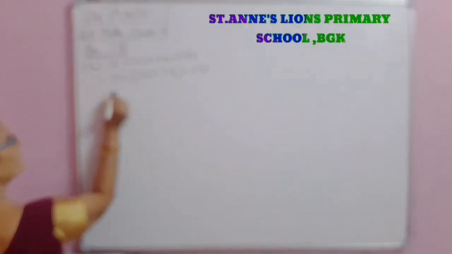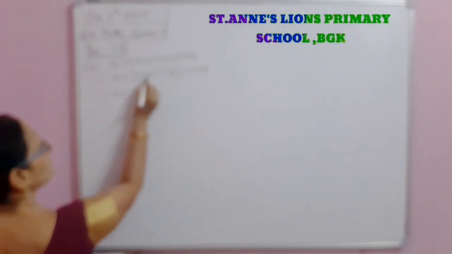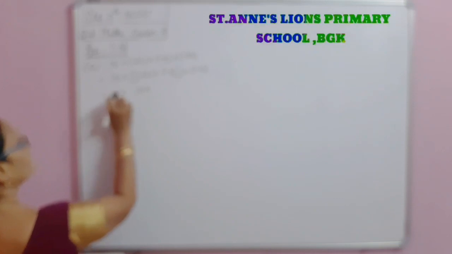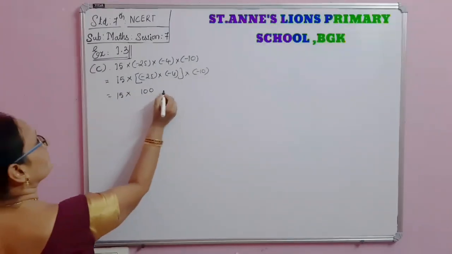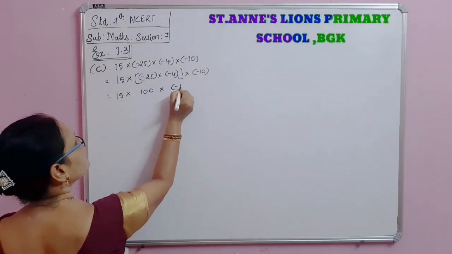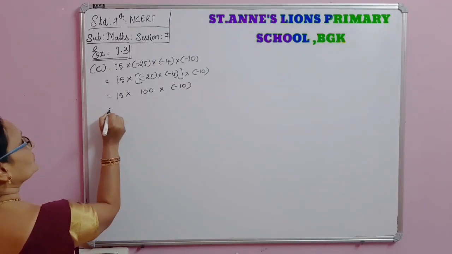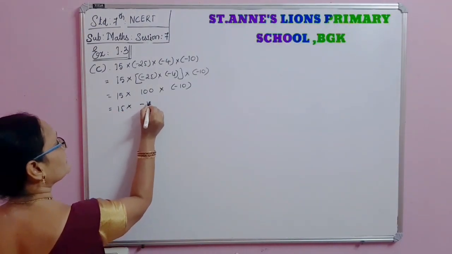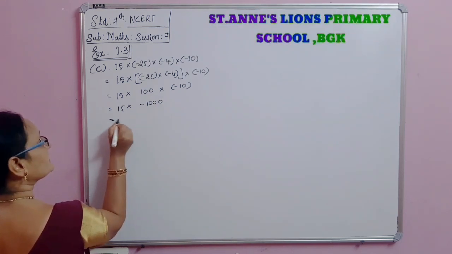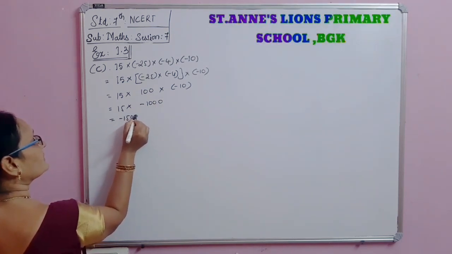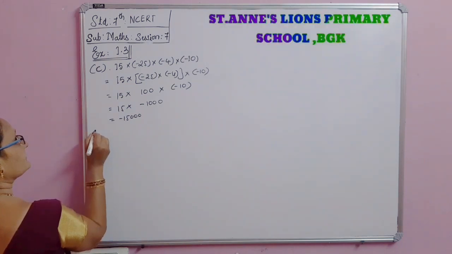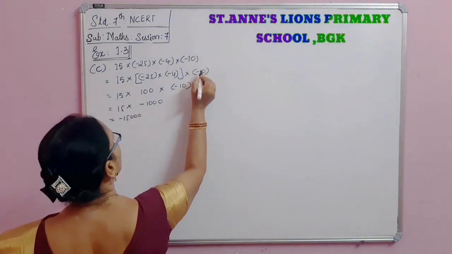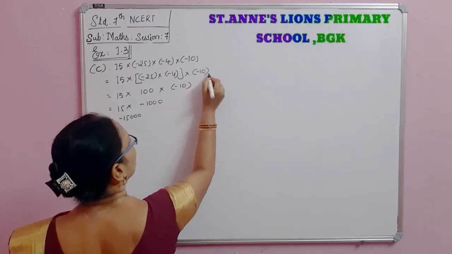So 15 into minus plus 25, 4 is 100 into minus 10. So 15 into 100 10 is 1000, that is minus 1000. This is nothing but minus 15,000 is the answer.